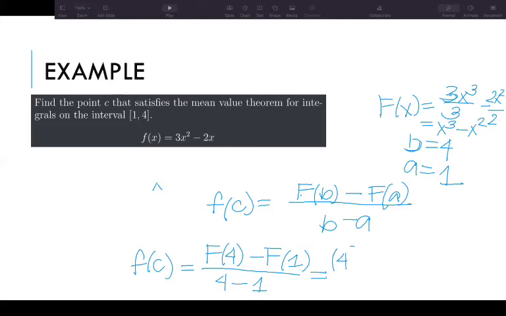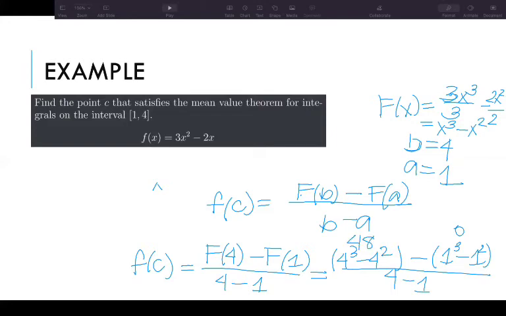4 cubed minus 4 squared minus quantity 1 cubed minus 1 squared, all over 4 minus 1. This whole thing is 0. This is 64 minus 16, which is 48.